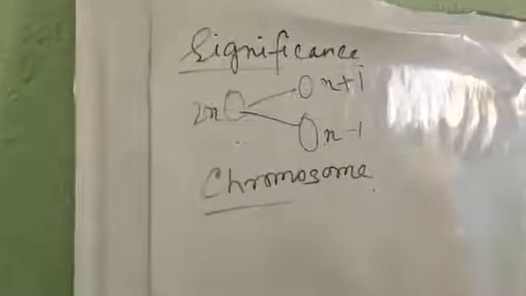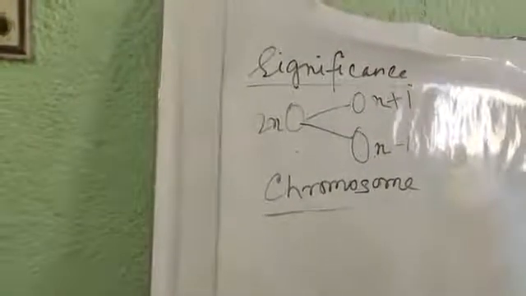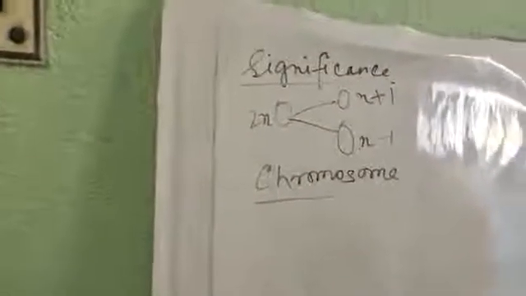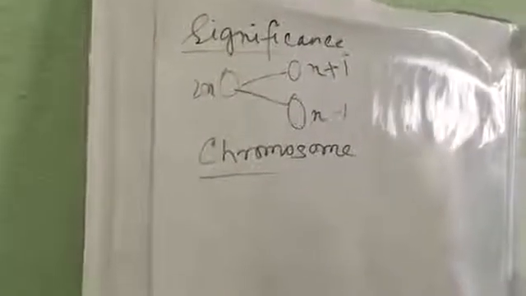Now the next is the chromosome. What is chromosome? Chromosome is the intranuclear fiber shaped or rod shaped, gene bearing structure containing the DNA and some proteins, and it is also responsible for carrying hereditary messages from one generation to another, and is called chromosome. Where is it situated?